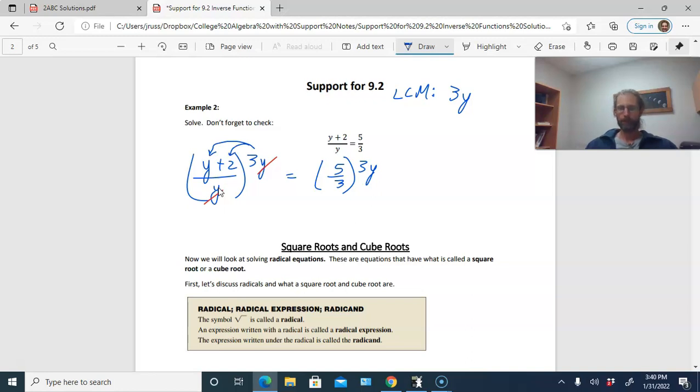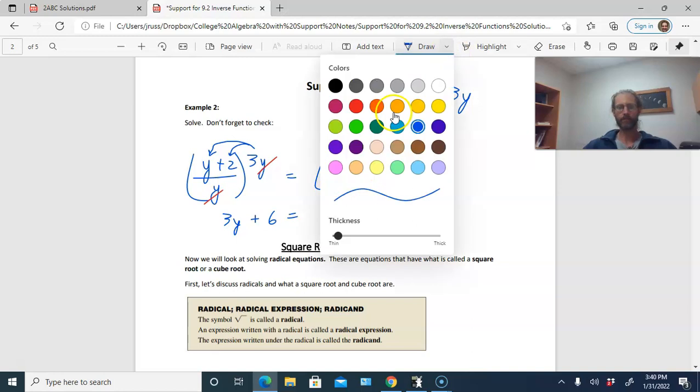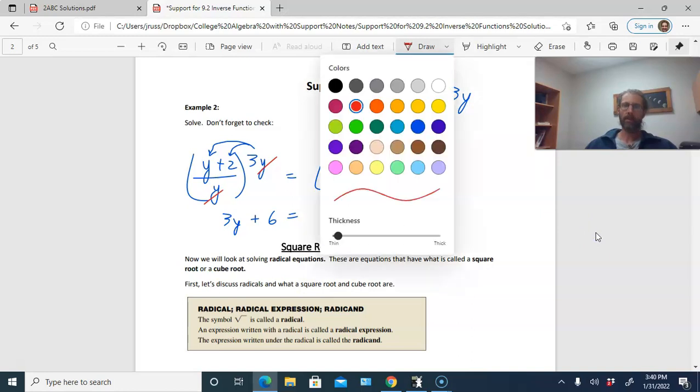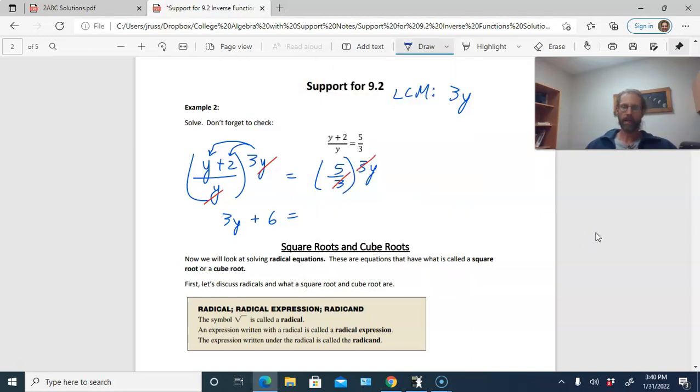So the 3 times the y gives us 3y, and then the 3 times the 2 gives us 6. Now on the other side, guys, the 3's will divide out, leaving us with the 5 times the y. And 5 times y is 5y.